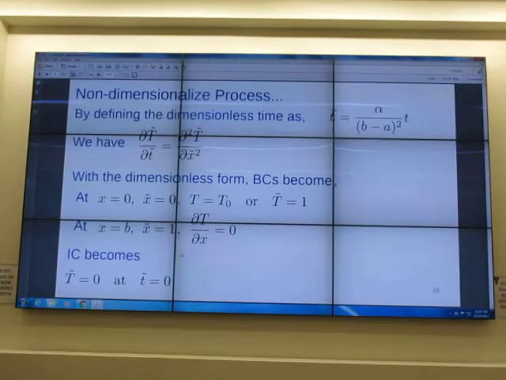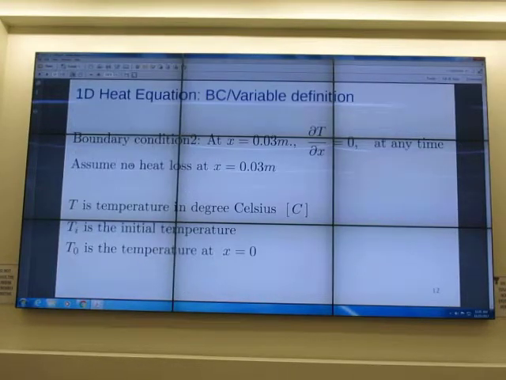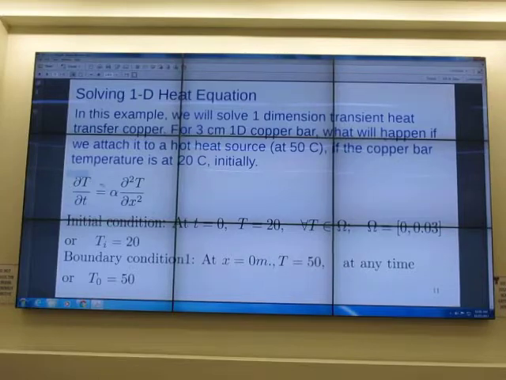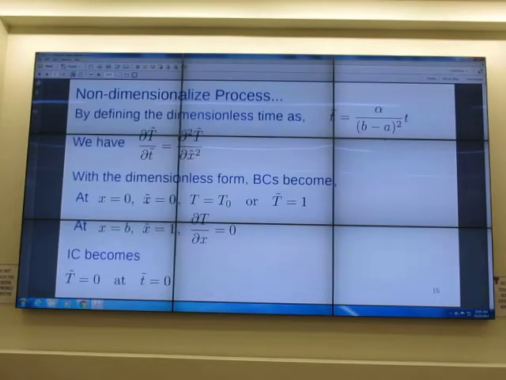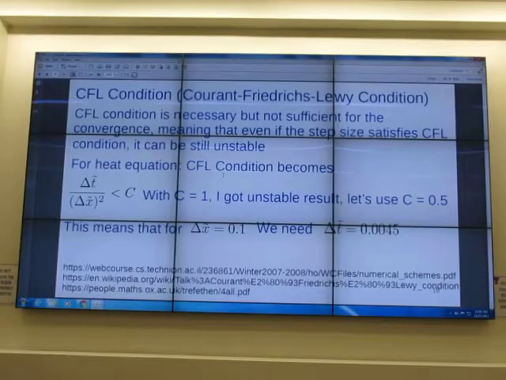Do you know how to do non-dimensionalization? This is a dimensional form, and we can move from dimensional form to dimensionless form. Do you know how to do this? Yes or no? You should, right?